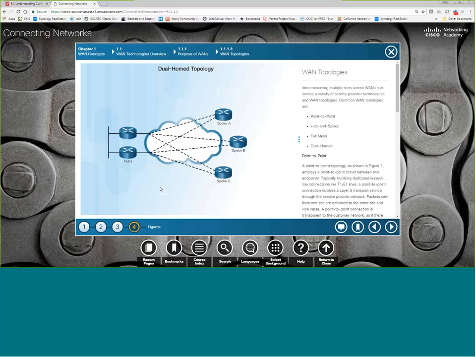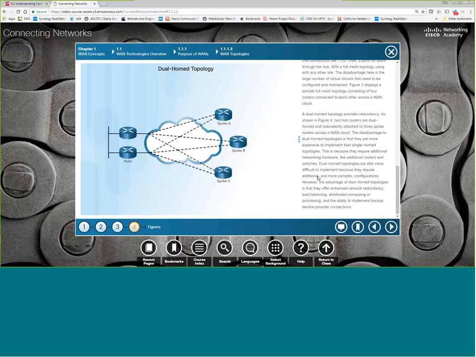This is dual home, and this is how we do redundancy with multiple ISPs, or if we need multiple connections back to the central office. One of the things I always tell people when looking at WAN topologies, especially dual home connections to other ISPs: make sure you know what's on the other side of the ISP.